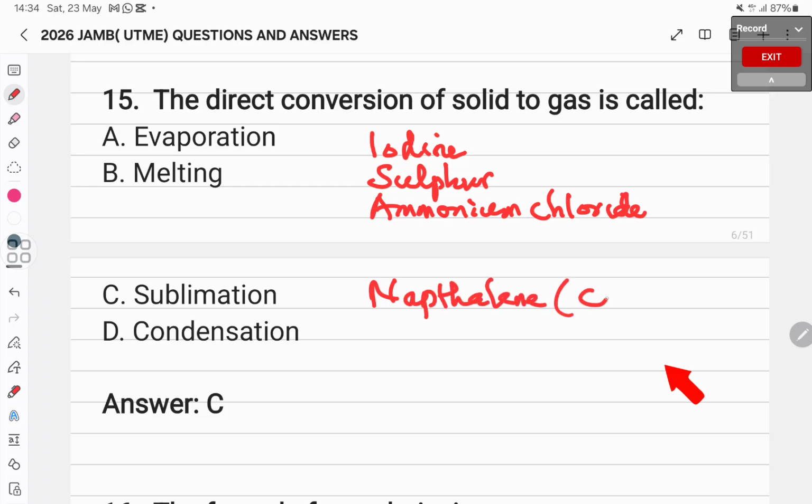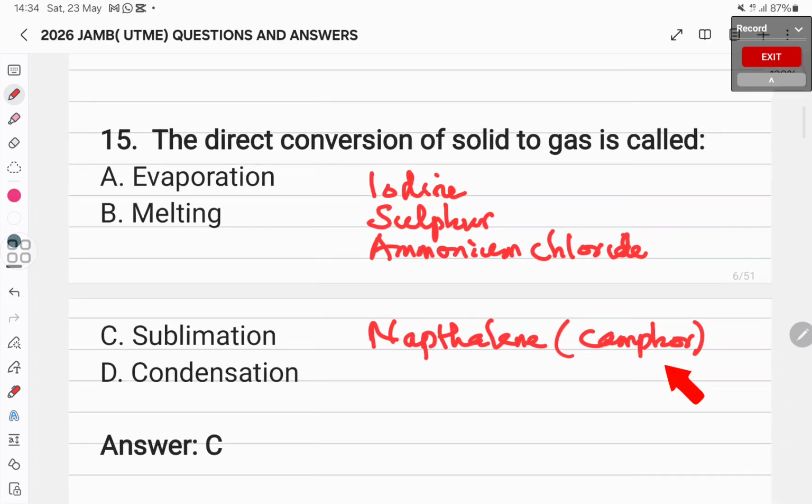Sometimes we say camphor. So these are common examples of solids that sublime. When you heat these solids, they don't go through the liquid state at all. They change to their gaseous form, and on cooling they convert back to the solid.